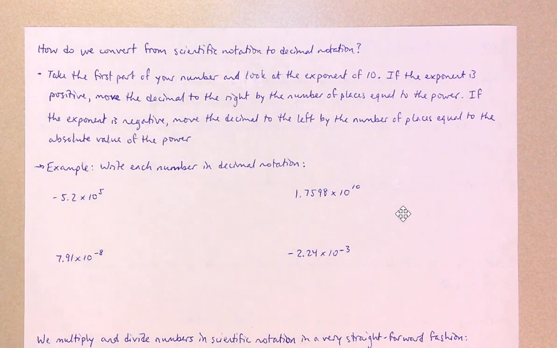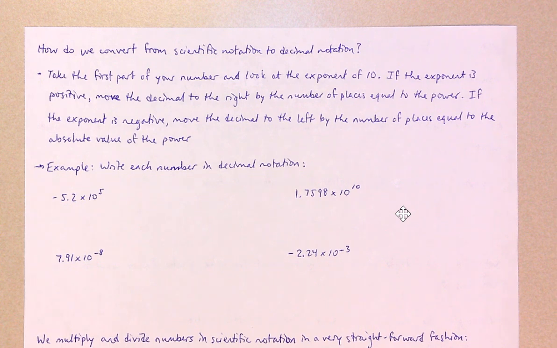If the exponent is positive, you're going to take the decimal point in your C value, in that first part, and you're going to move it to the right by the number of places equal to that power. If the exponent is negative, you're going to move the decimal point to the left by the number of places equal to the absolute value of that power.